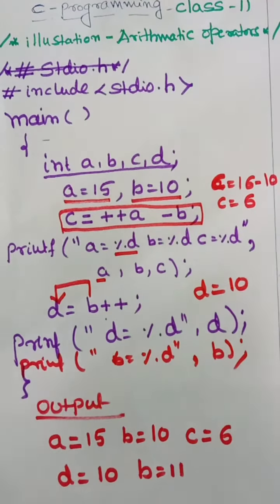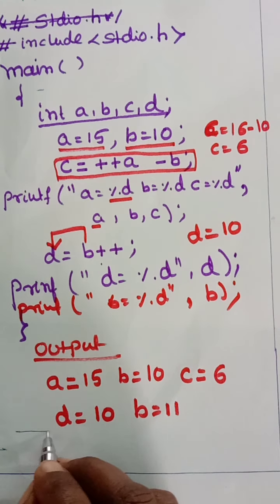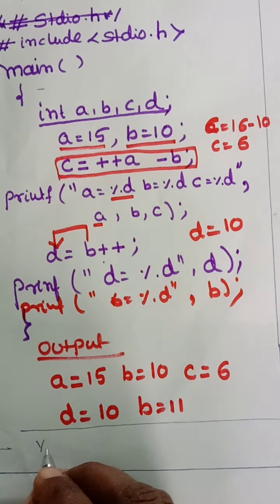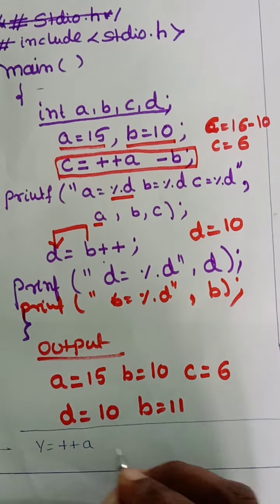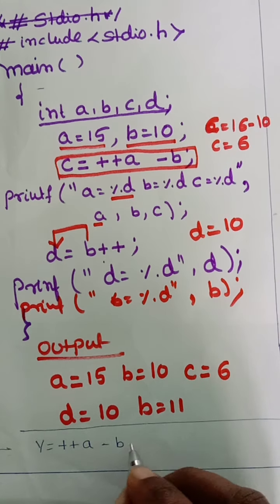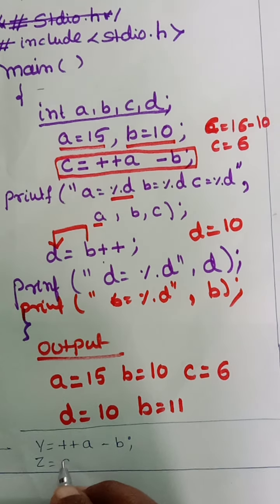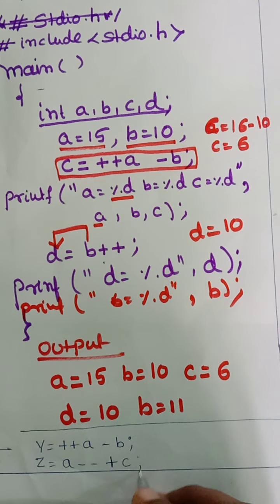So now you try to write another program. I will write here the expression. You find the value of y is equal to plus a minus b. Similarly, you find the value of z is equal to a minus minus plus c.